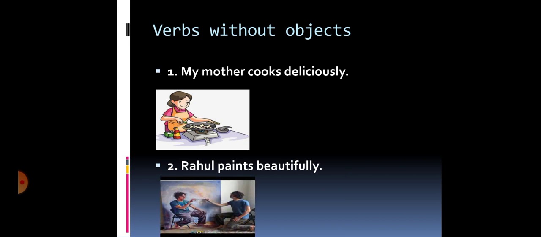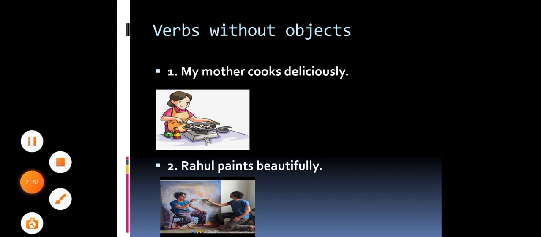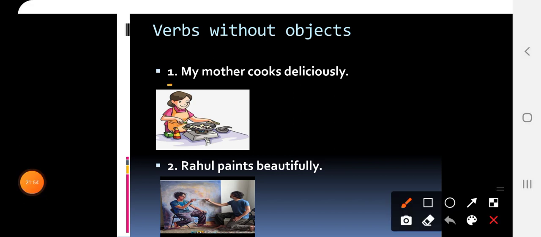In the first sentence, my mother is the subject and cooks is the verb. There is no object in this sentence, as deliciously is an adverb.